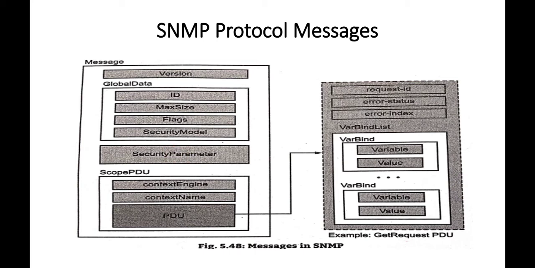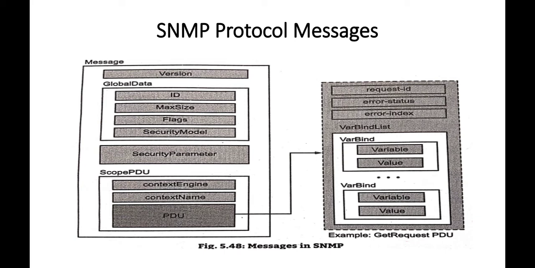Now the next one is the security parameters. The security parameter element is a sequence that can be a little bit complex, depending on the type of security provision used by version 3. So the security model and the security parameters both play a very important role.